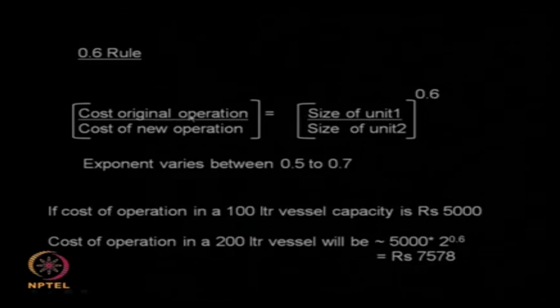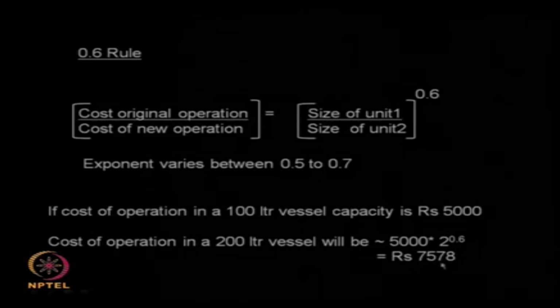So original operation is 5,000, original vessel size is 100, new vessel size is 200. So the cost of new operation, I can calculate like this: 5,000 into 2 raised to the power 0.6, 2 comes because of 200 by 100. So it comes to 7,578.